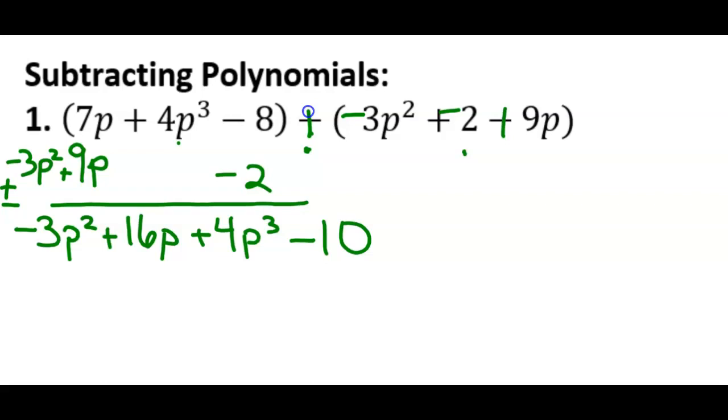Just brought them down, because there's nothing to add to them. Here's one of them, and here's the other one. Technically speaking, you want to have the cubed in front.